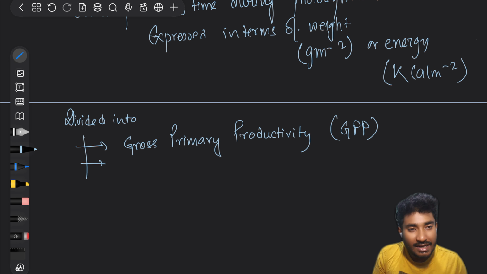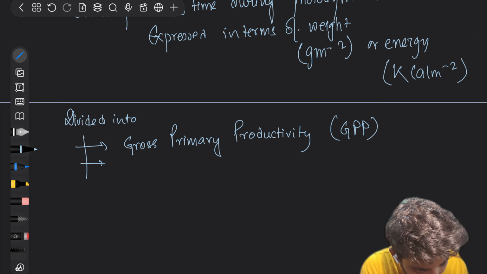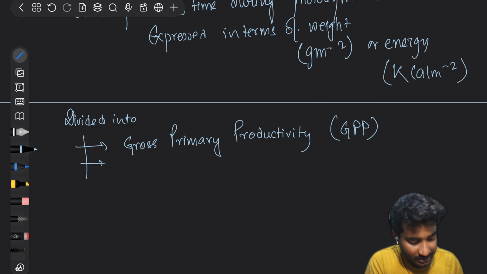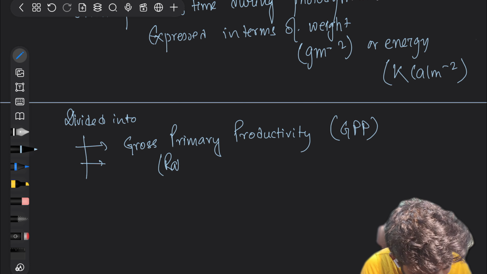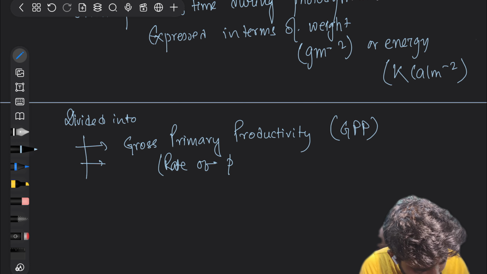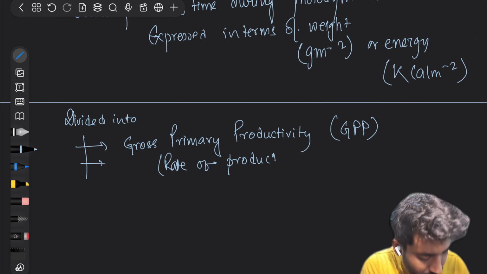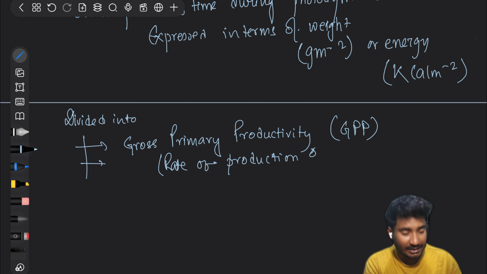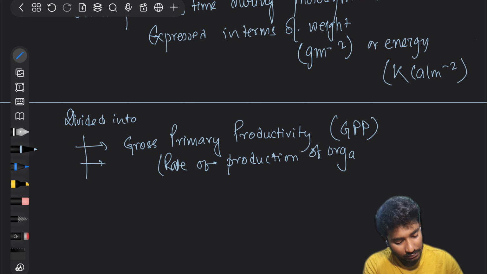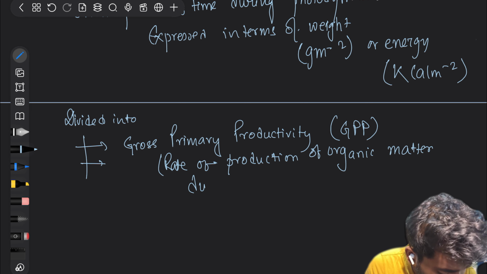What is the GPP? It is the rate of production of organic matter during photosynthesis.